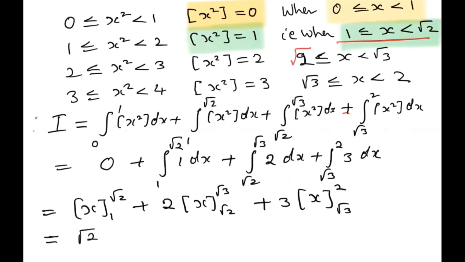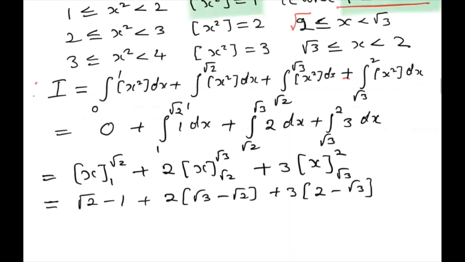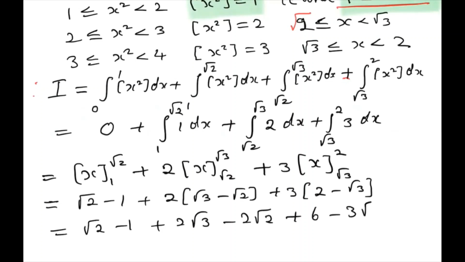So you get it as root 2 minus 1, plus 2 times upper limit root 3 minus lower limit root 2, plus 3 times upper limit 2 minus lower limit root 3. Let us simplify this. Root 2 minus 1 plus 2 root 3 minus 2 root 2 plus 6 minus 3 root 3.